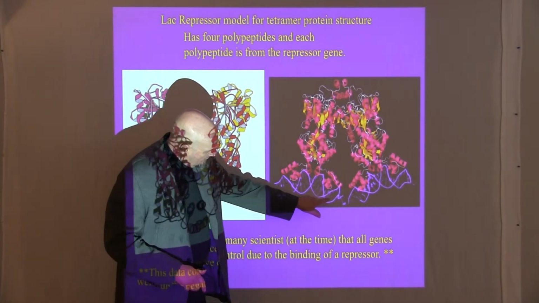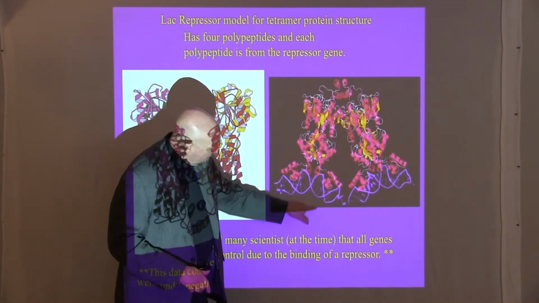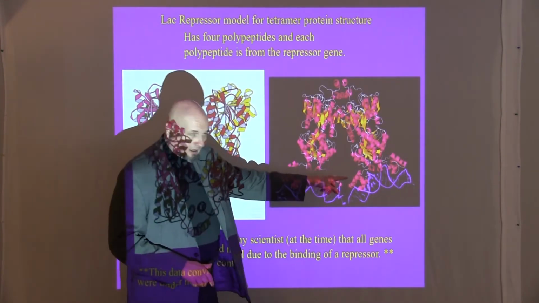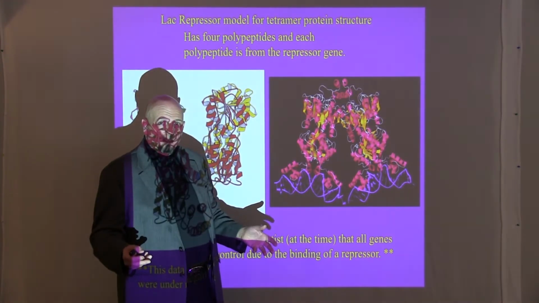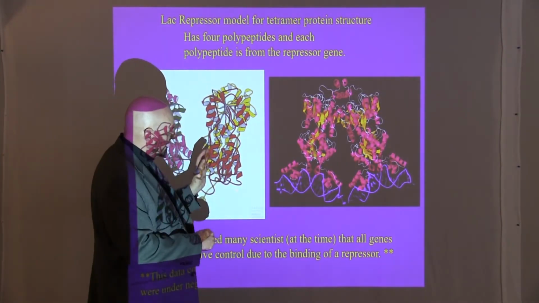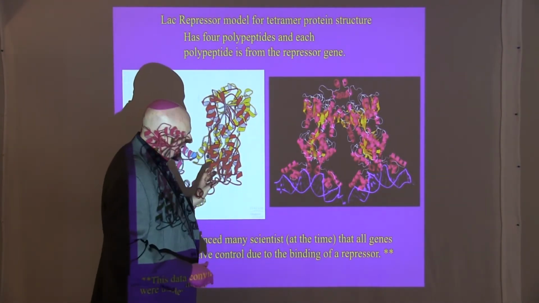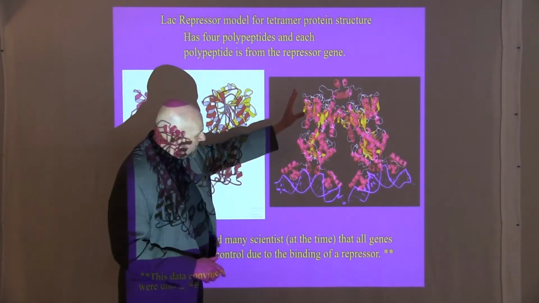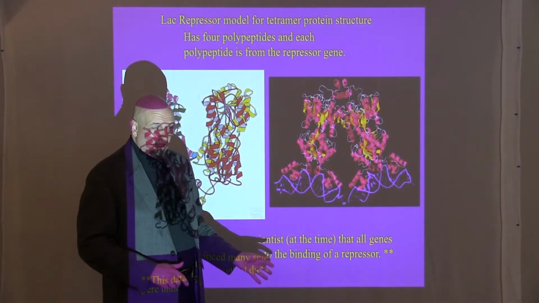And in fact, if you show this more properly, this is actually looping out the DNA like this, and blocking the ability of the RNA polymerase to get past this. So the RNA polymerase is on this side, it's trying to get past this, but it's blocked this way, and so it can't get past it.